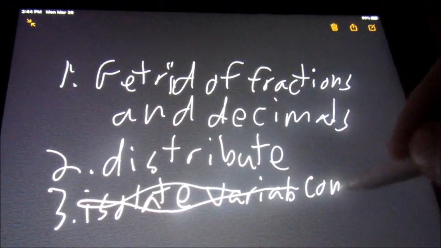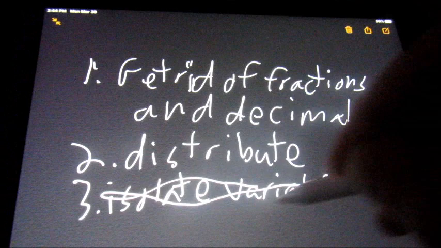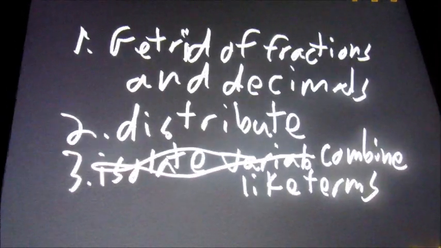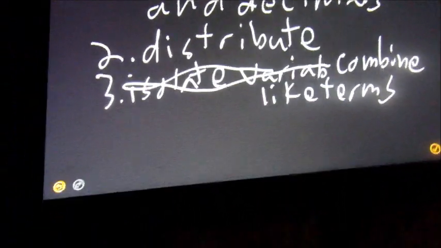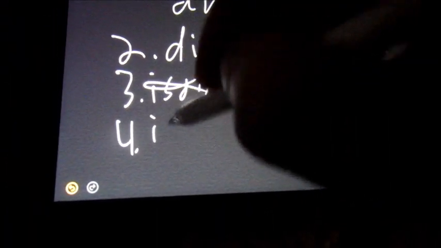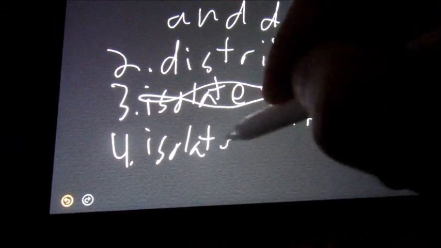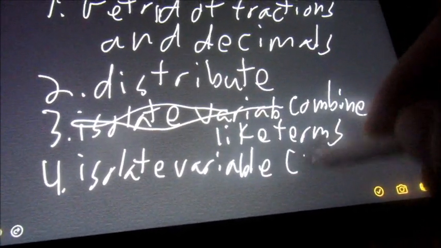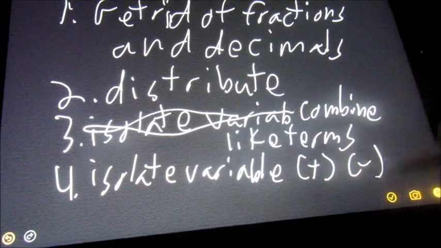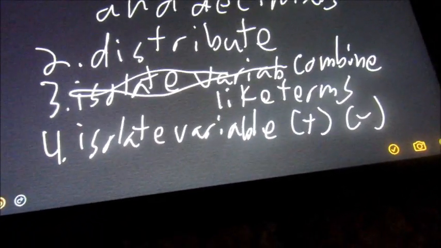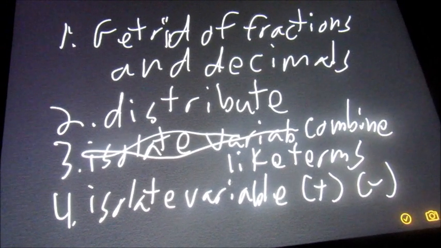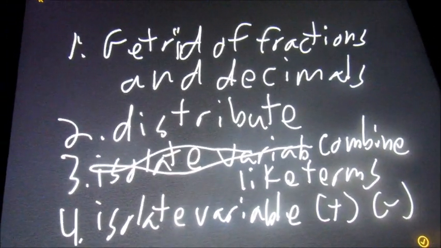Actually, nope. Number 3, combine like terms on each side of the equal sign. 4 is to isolate the variable, and that is using either adding or subtracting. That's where you're moving all the numbers to one side of the equal sign and all the letters to the other side.